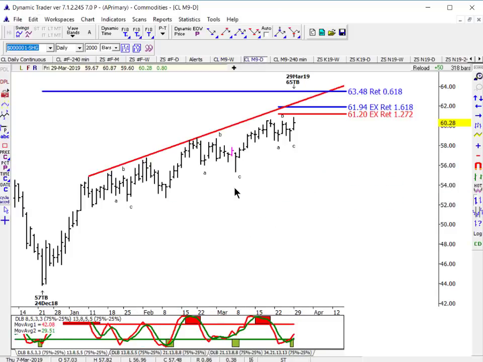So this is the daily, and of course it's been net bullish for several months since the end of last year, the end of December, but in fits and starts. Each new high has been a slightly higher high, but it's not been a raging bull market by any means, just a steady chop forward.